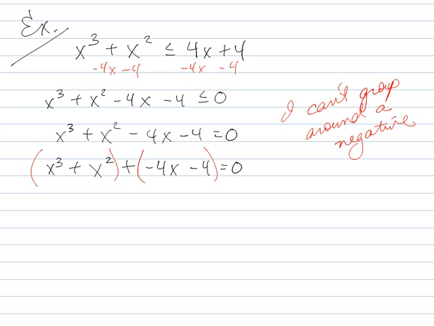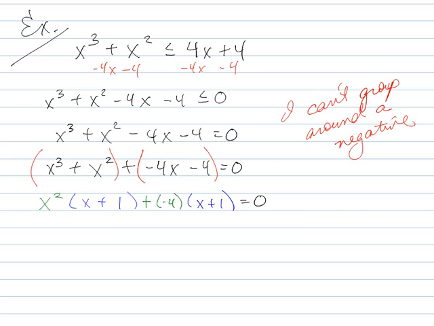So now I can factor out common terms. In the first group, the common term is x squared, and I have left x plus 1. Then for the second group, I factor out a -4, and I'm left with x plus 1.